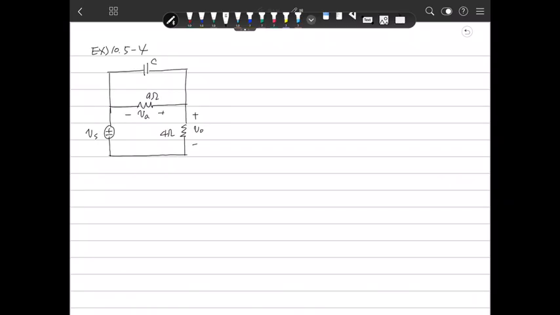Let's say Vs was 8.93 cosine(2t plus 54 degrees), and Vout was 3.83 cosine(2t plus 83 degrees). The question is, what is VA and what is C?